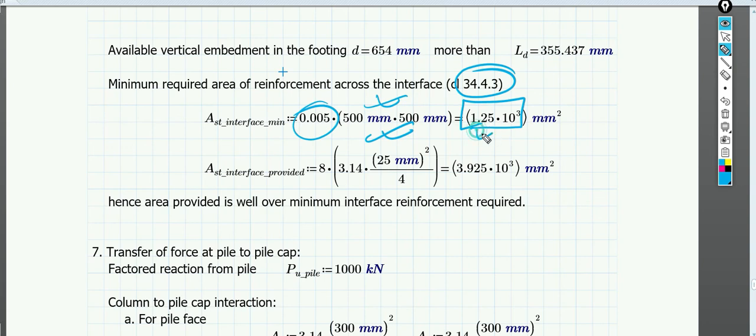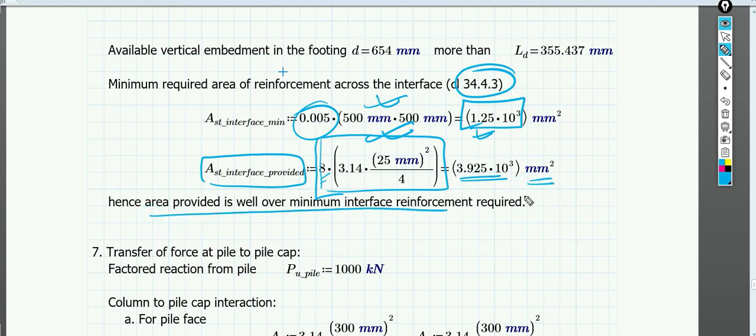At the interface, we have already extended the reinforcement of the column, and what is available is 8 numbers of 25 mm bars, which is basically 3925 mm square. Hence the area provided is well above the minimum reinforcement, and the development length criteria is also satisfied, which is the length required to take care of the excess amount of load. So the bearing criteria is satisfied for column and pile cap.